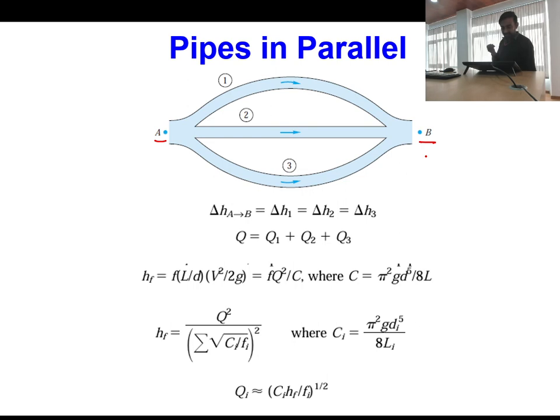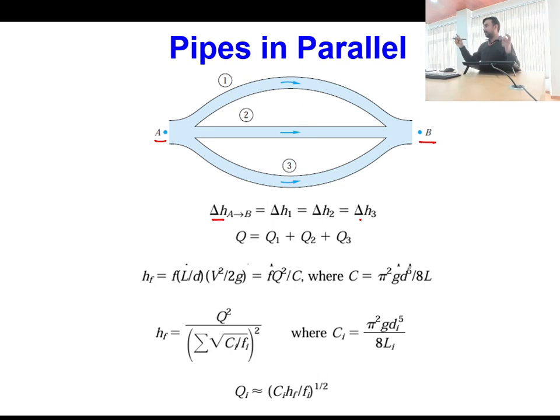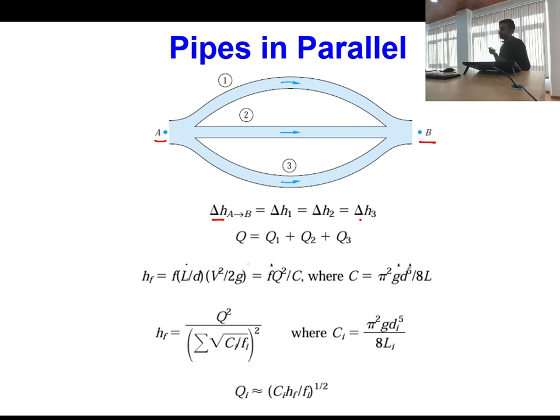So the delta H from A to B, the change of head from junction A to B, has to be equal to the head loss in the first pipe, equal to the head loss in the second pipe, and equal to the head loss in the third pipe. So if you have pipes connected in parallel between two junctions, the head loss between the two junctions will be the same, so through each pipe also the head loss should be the same.